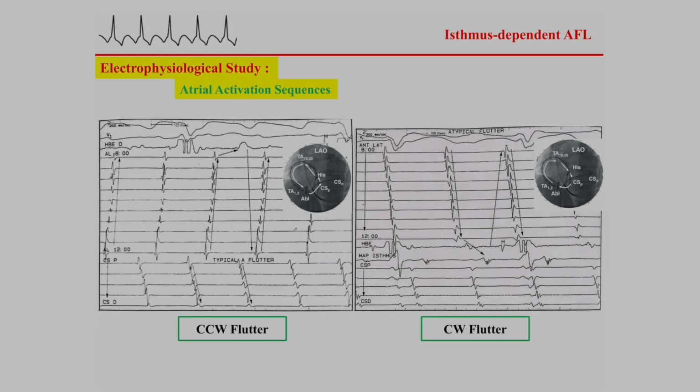After inducing, or if the patient is in an ongoing flutter, we have to study the atrial activation sequence. Here we have two examples, counterclockwise and clockwise. On our left, from the top to the bottom, we have V1, lead 2, the His catheter, and here the halo from the proximal part to the distal part.